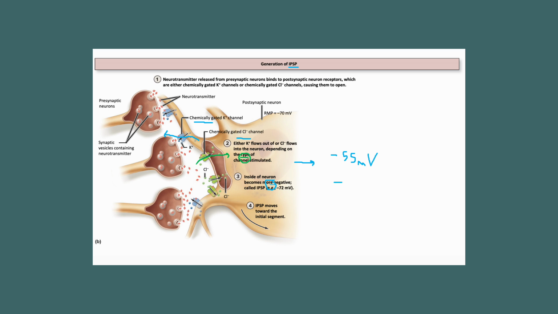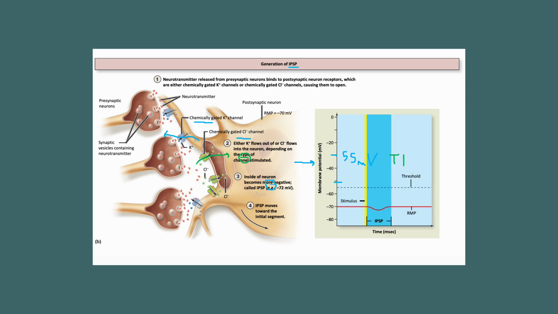And they are moving us further away from threshold at negative 55 and hyperpolarizing our membrane. So we started at negative 70 millivolts. Well, maybe we're down at negative 80 millivolts now. We're less likely to have action potential.